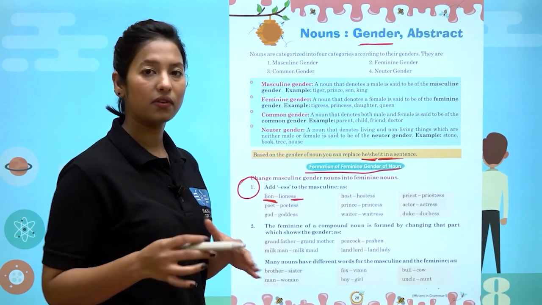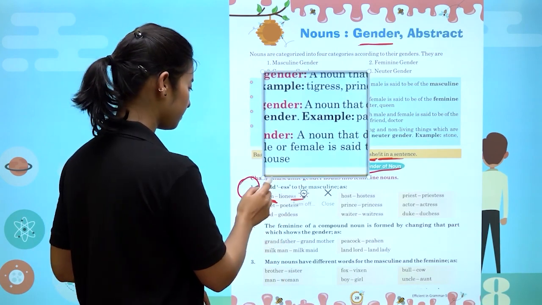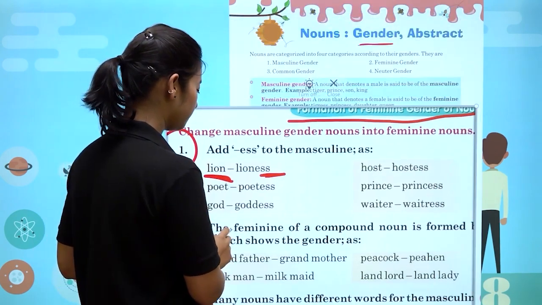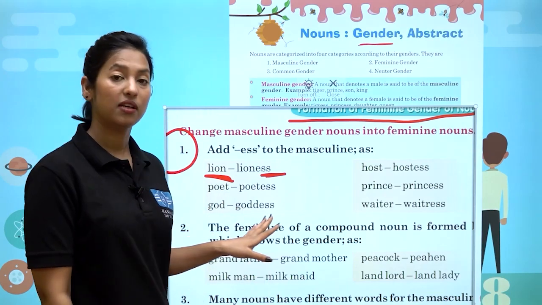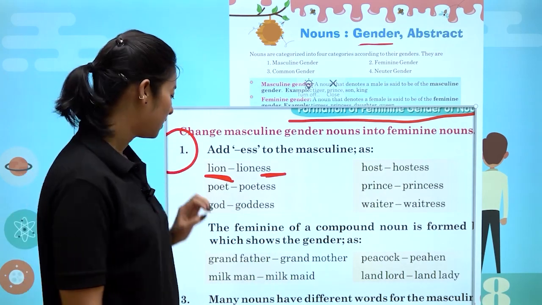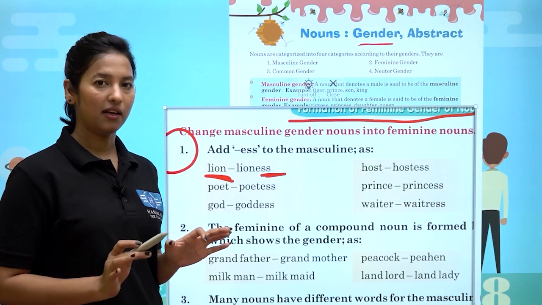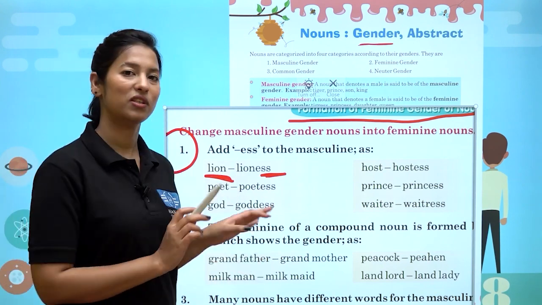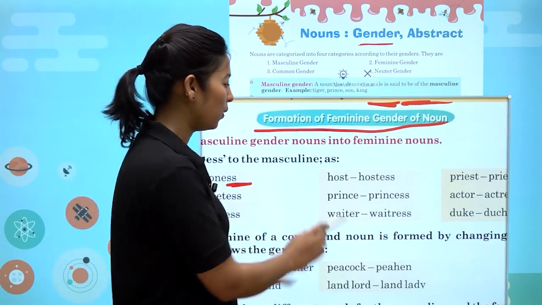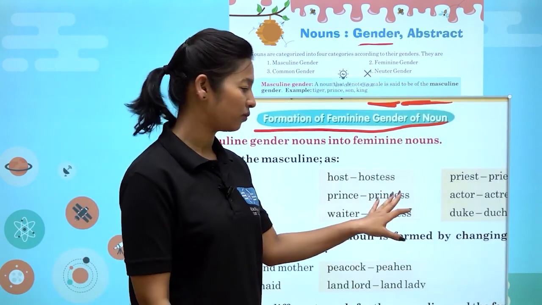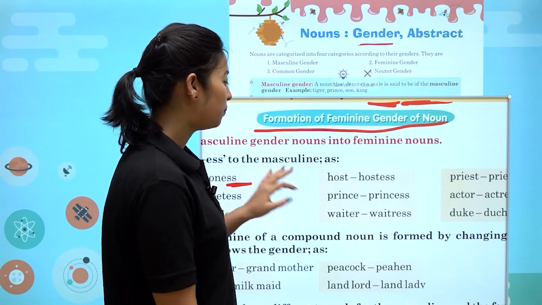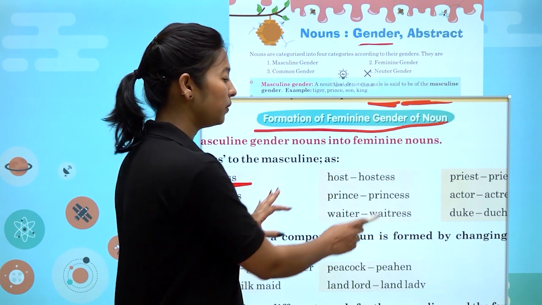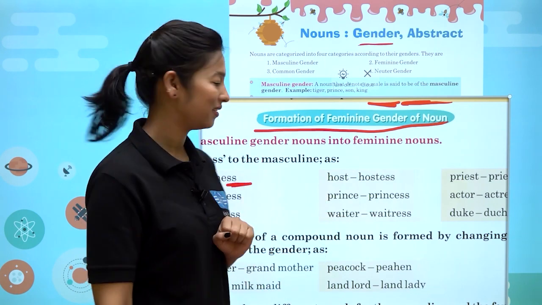Similarly, we have other examples. Poet is masculine and poetess is feminine. God is masculine and when we add ESS to it, it becomes goddess, which is feminine. Host is masculine, hostess is feminine. Prince is masculine and princess is feminine.